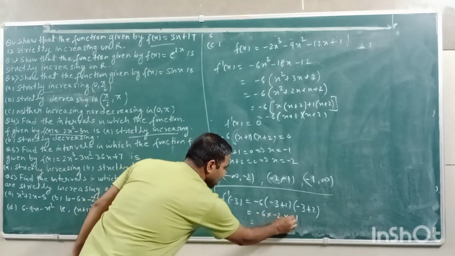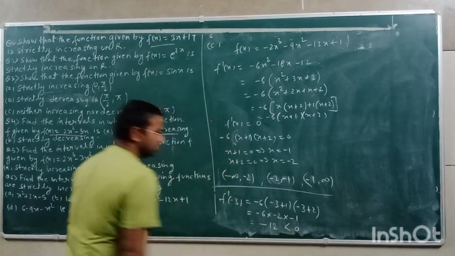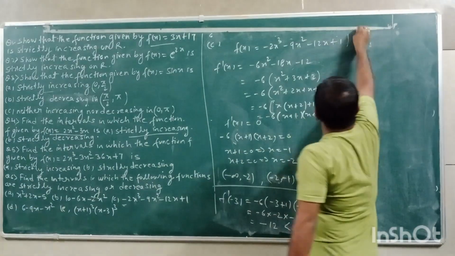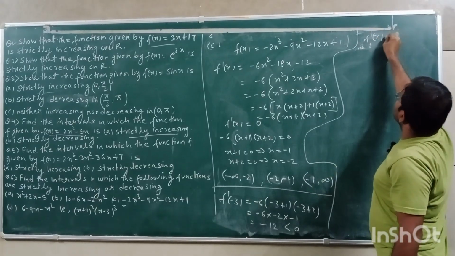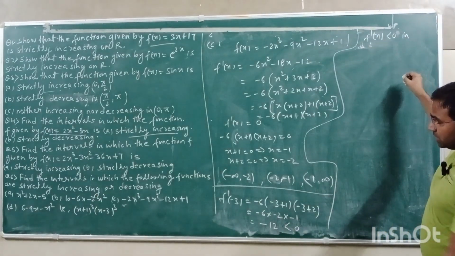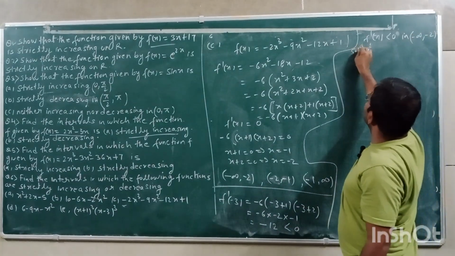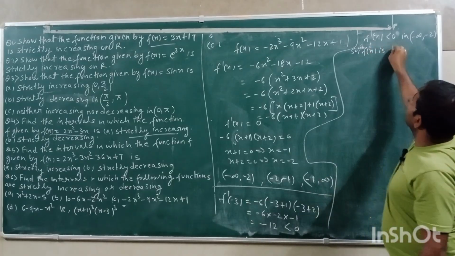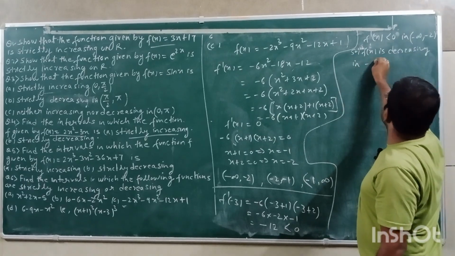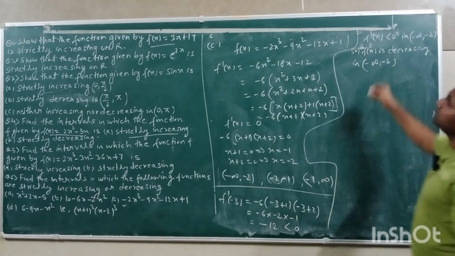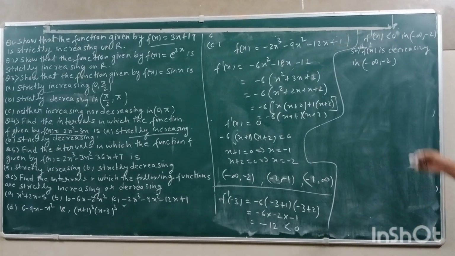Then minus, minus, minus, plus, minus will be there, 6 into 2, minus 12, less than 0 is coming. Then you will write that f dash x is less than 0 in the interval minus infinity to minus 2. So f(x) is decreasing in the interval minus infinity to minus 2. In this way you will tell that f(x) decreases in this interval.